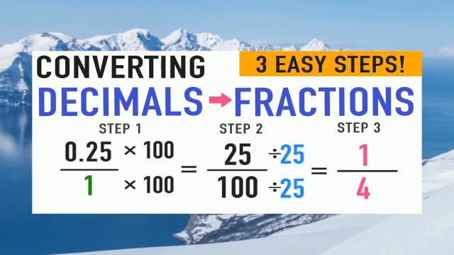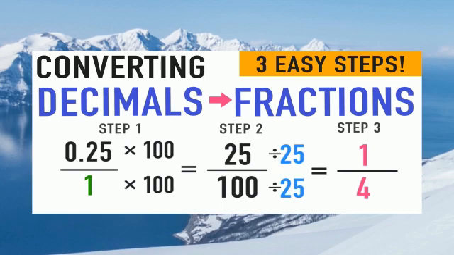Or we can say that we have 2 digits after the point, so we must have 2 zeros in our denominator. So 0.25 is equal to 25 over 100. And since 25 times 4 is equal to 100, we can divide by 25.